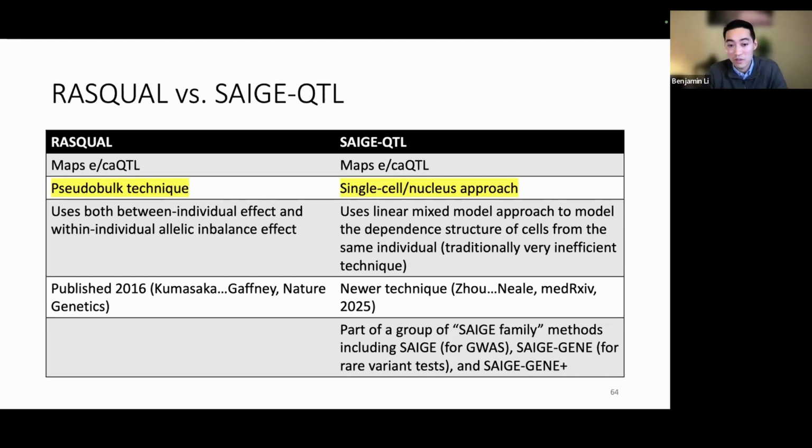I think that's something really exciting to see. But like you said, we're trying to get to that freeze and also tease apart, if we see an eQTL in RASQL but not in SAGE-QTL, or in SAGE-QTL and not in RASQL, what can that tell us about the value of the different approach for this sample, and perhaps other samples as well. Definitely something we're going to be working on a lot this week, and then I'll be able to tell you soon.